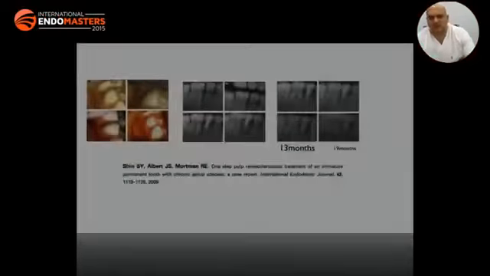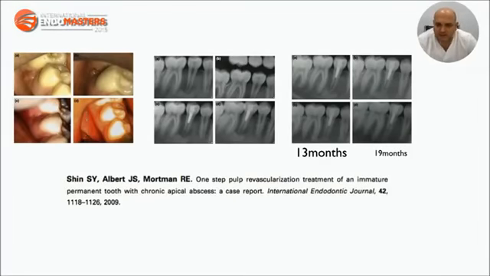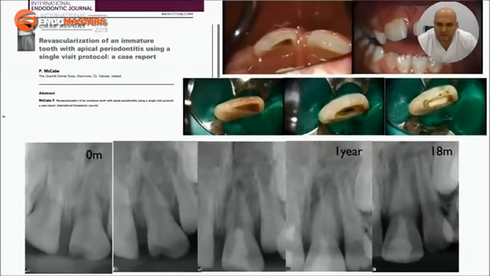If you search in the literature for articles evaluating single-step regenerative procedures like my previous cases, you will find only 1 case published by Shin in 2009, and very recently another one published by McCabe. These are the only single-step regenerative endodontic cases reported in the literature.